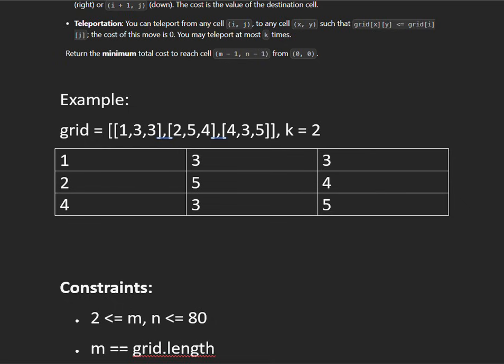Here we are given a grid, and k is equal to 2, and we have to go from the cell 0 comma 0 to the cell m minus 1 comma n minus 1.